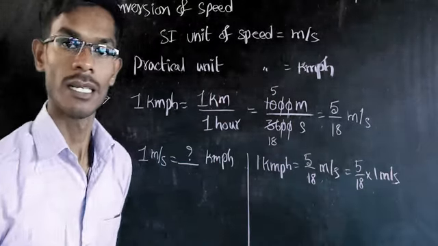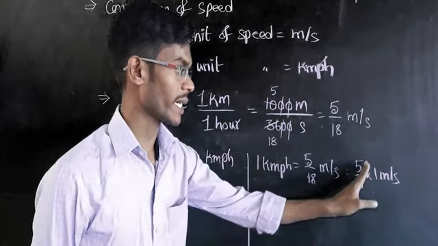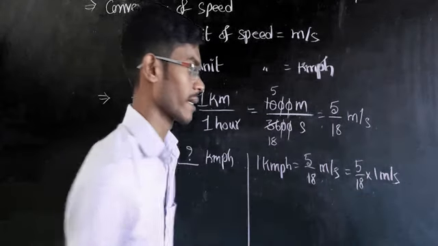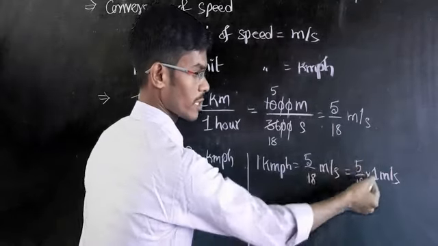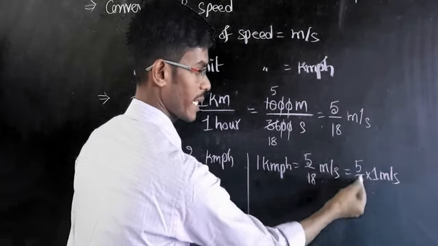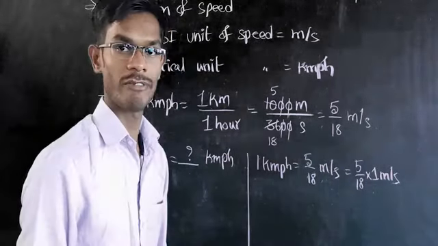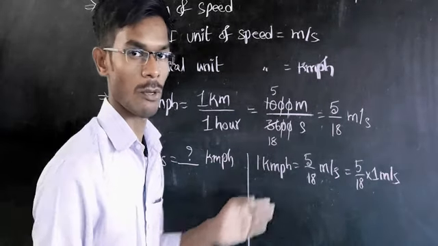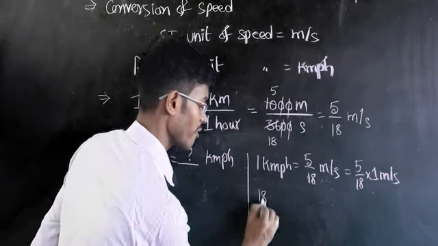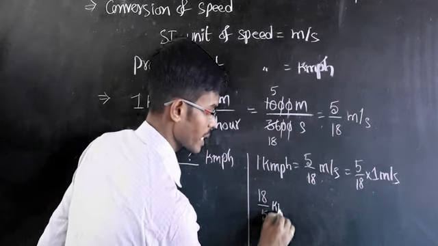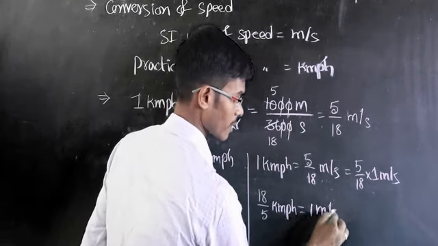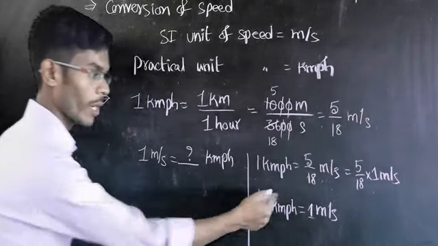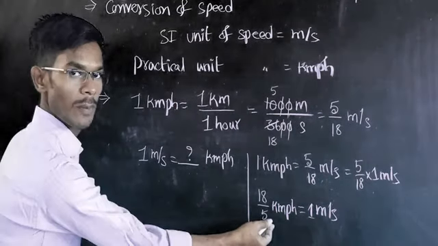Is it correct or not? 5 by 18 into 1 will be 5 by 18 alone, so there is no change. Then if you send this 5 by 18 to the LHS, the fraction will get reciprocal. Then 18 by 5 kilometer per hour is equal to 1 meter per second. So 1 meter per second is equal to how many kilometer per hour?